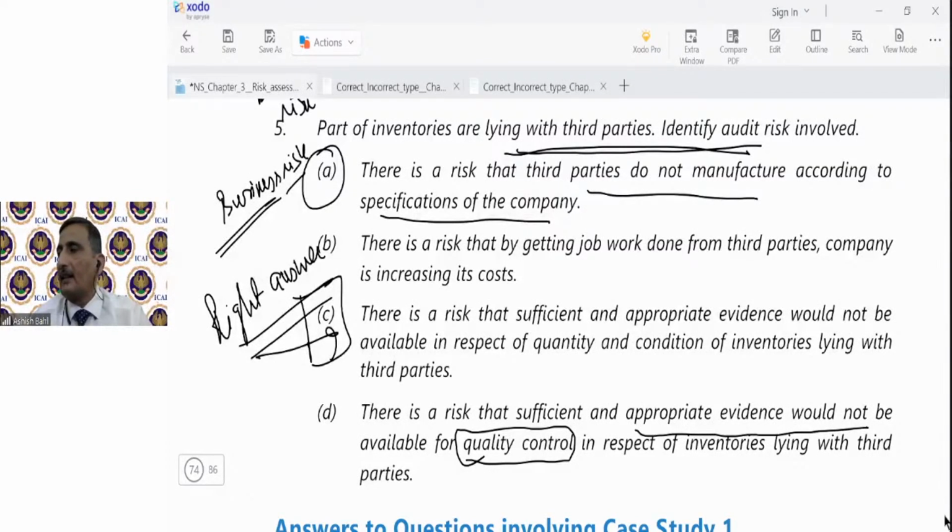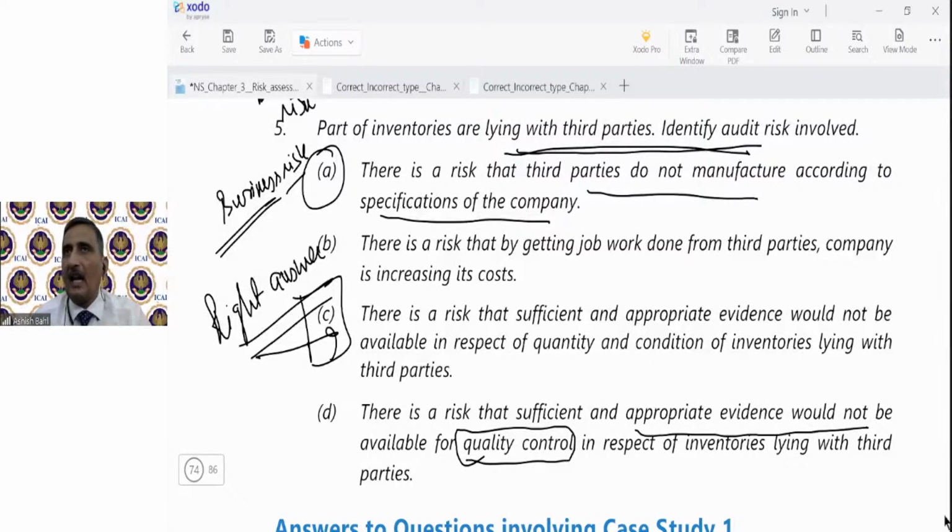Yes, students, any other thing? Yes, any other doubts? Yes, students, any other doubt relating to chapter 3? Because on Wednesday we will be starting a fresh new chapter 4 on audit evidence.